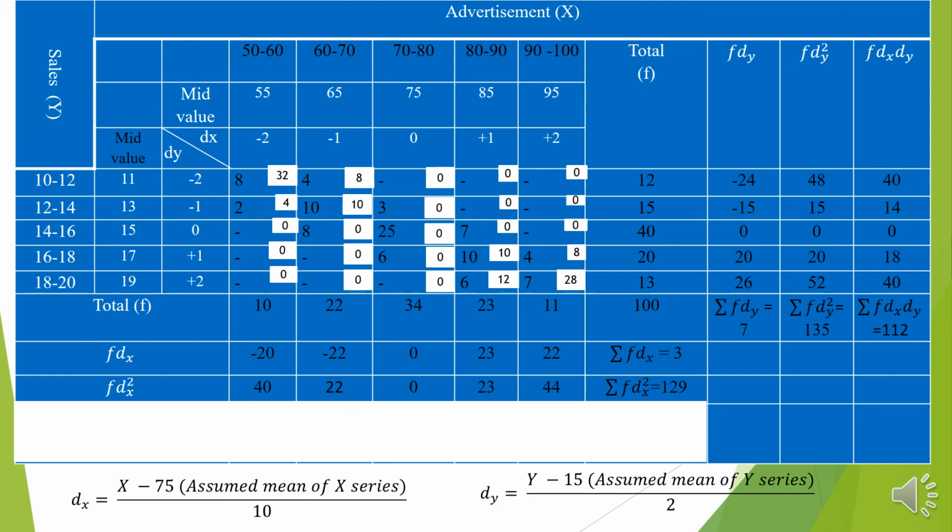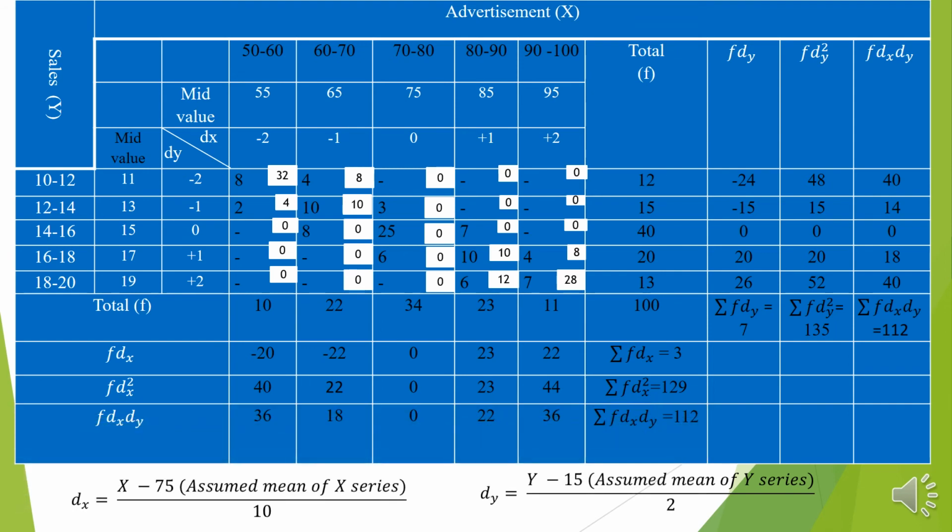Now we'll move on to find out, see, we got f dx into dy this side. So similarly we can find the same f dx dy here also. See, 32 plus 4, 36, 10 plus 8, 18, then here it is 0, then here it is 10 plus 12, 22, 28 plus 8, 36.